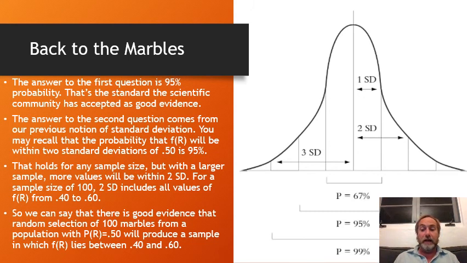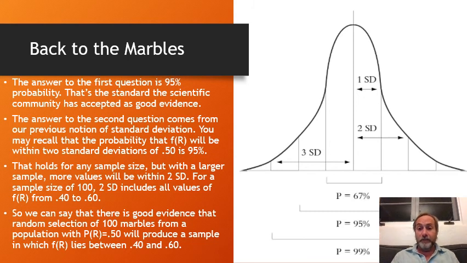That will involve the notion that we talked about before, standard deviation, right? If you remember the notion of standard deviation, you might recall that the probability that the relative frequency of the sample will be within two standard deviations of the probability in the population, or the mean, is 95%. That's convenient. 95% is our goal.